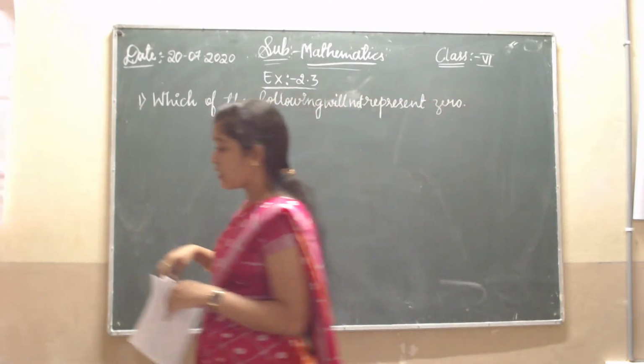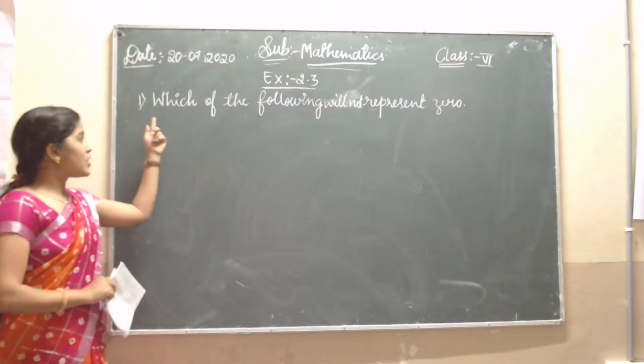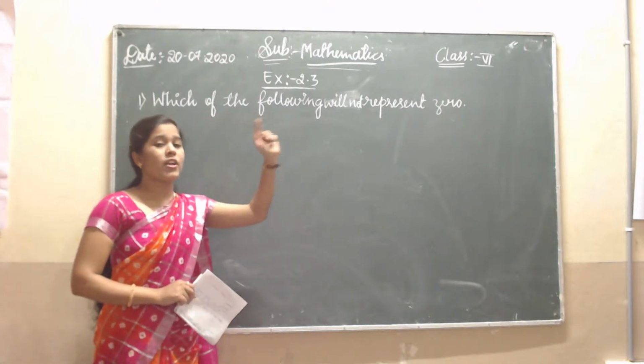See here, this is the first question of exercise 2.3. Which of the following will not represent 0?